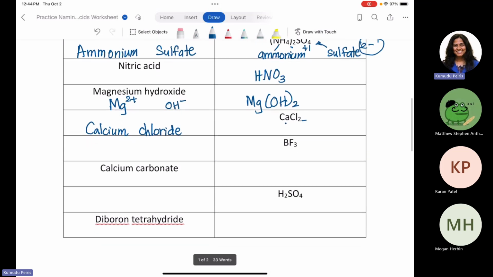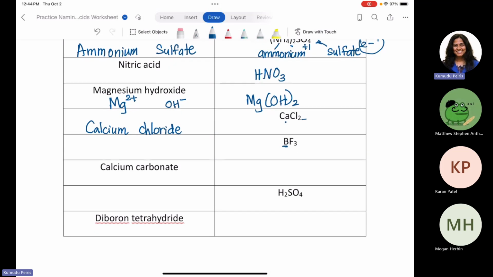Right. Next one, the boron. Boron has 3 Fs, fluoride. So in this case, this is not an ion, a salt or ionic compound. So this is a covalent compound. So we have to mention how many fluorides there are.